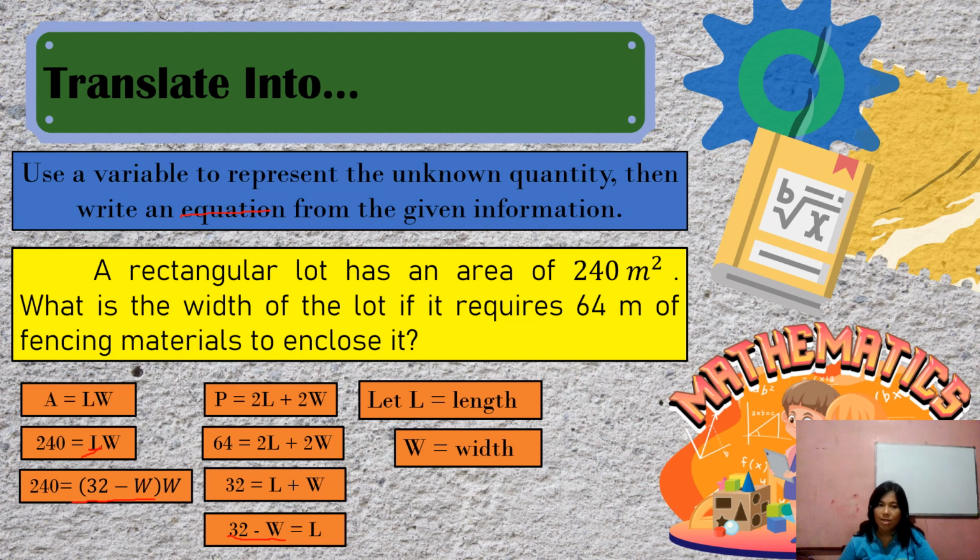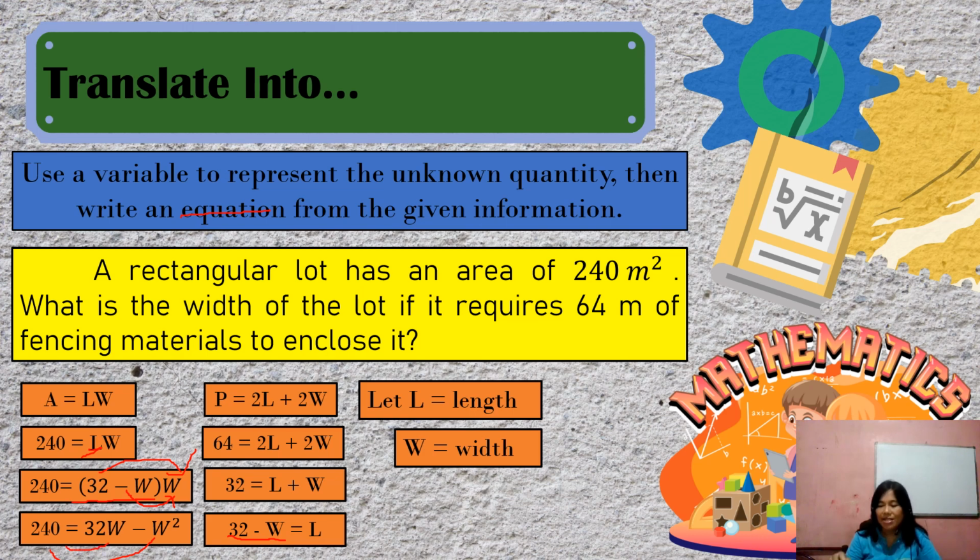So, we are going to have 32 times W is 32W, and then negative W times W is W squared. So, meron na tayong 240 equals 32W minus W squared. All we need to do is transpose this negative W squared and this 32W to make it standard.